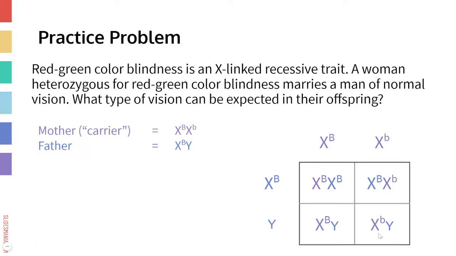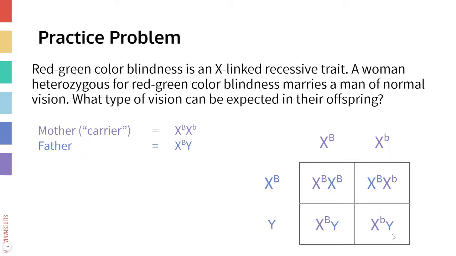However, the situation is a little bit different if we look at our chromosomally male offspring. So here, the one copy of the X chromosome that this square has is normal, so X big B with a Y. So this is representing a chromosomally male person who's going to have normal vision because they've got the dominant allele. However, over here, again, we only have one copy of the X chromosome, but that one copy is a little b.